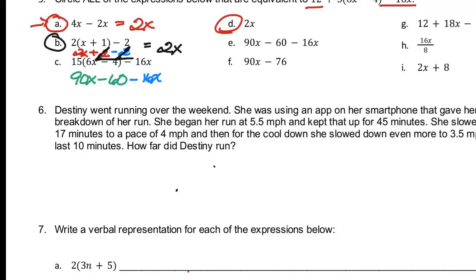Do I have some like terms I should combine? Yeah, I've got 90x minus 16x. When you subtract, you should get 74x minus 60. Is that equivalent to 2x? No, not at all. Not even close.